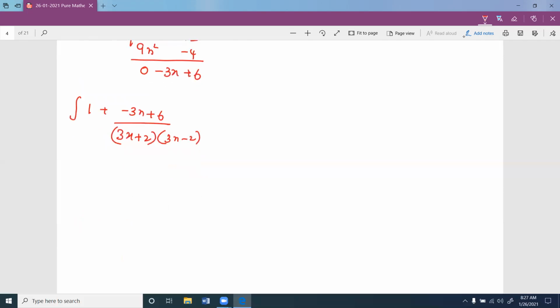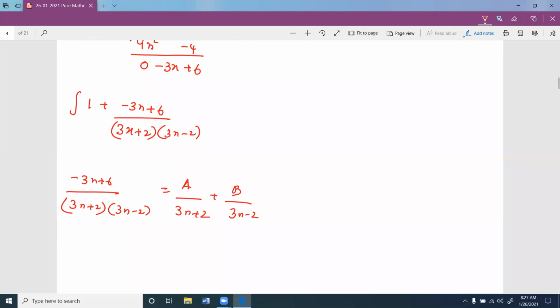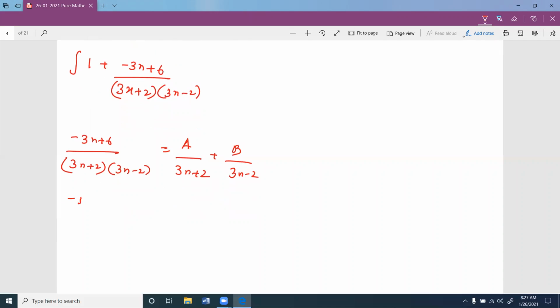So you can write minus 3x plus 6 over 3x plus 2, 3x minus 2 equals a times 3x plus 2 plus b times 3x minus 2. Then you can write minus 3x plus 6 equals a times 3x minus 2 plus b times 3x plus 2.